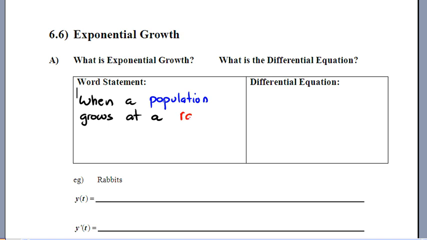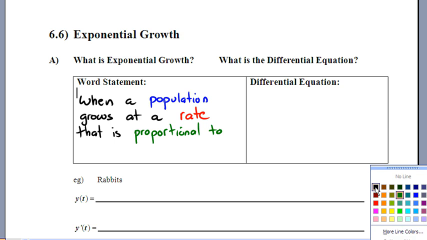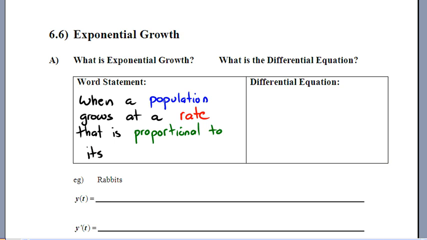We'll see how this all fits into the differential equation. So in other words, the bigger the population, the faster it grows.